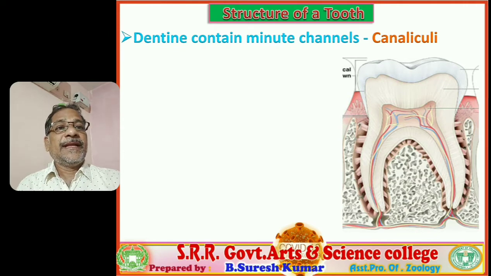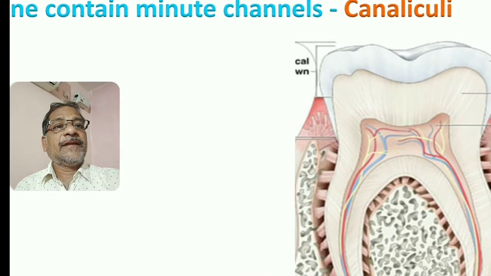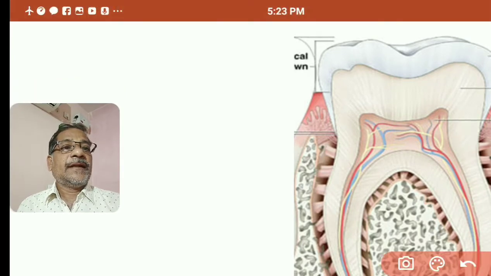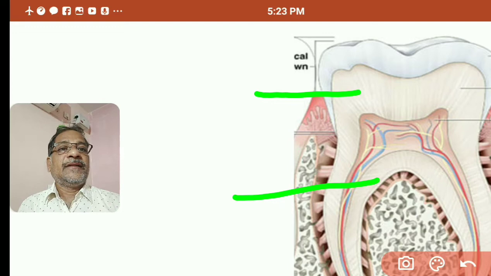Those minute canals are referred to as canaliculi. You observe, minute canals are there, brown in color. Visually you observe, these minute channels are there in dentin. These minute channels are referred to as canaliculi.